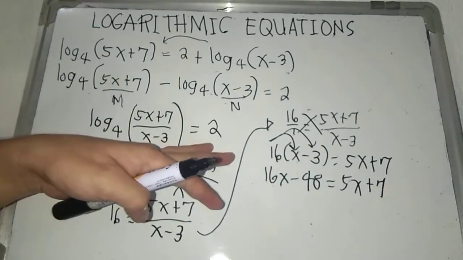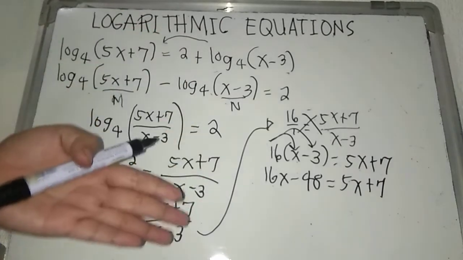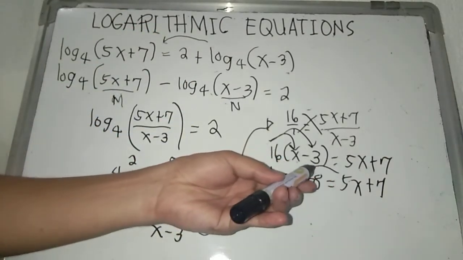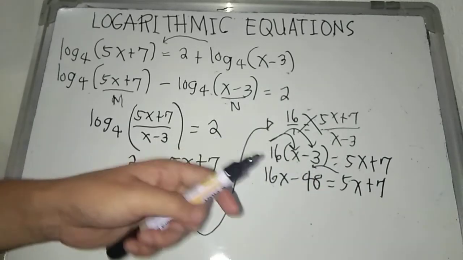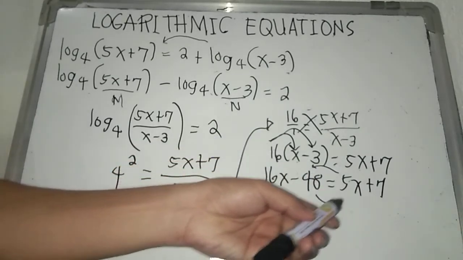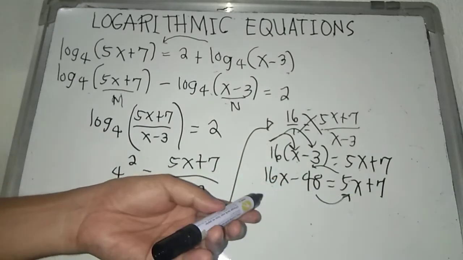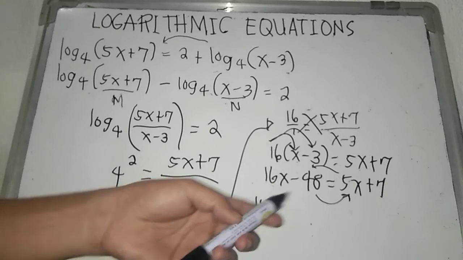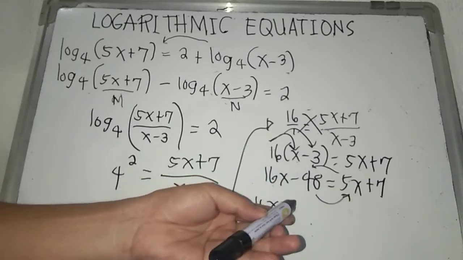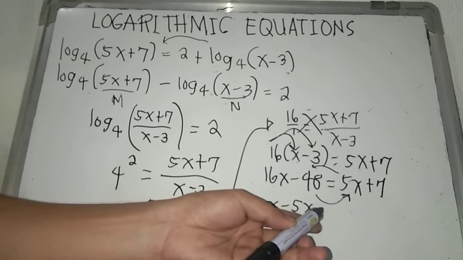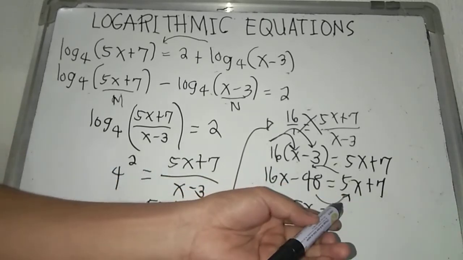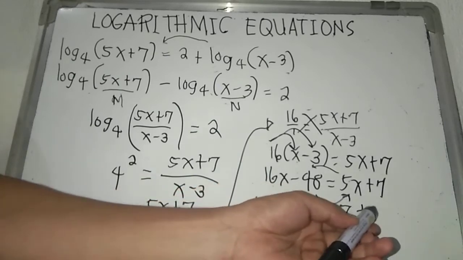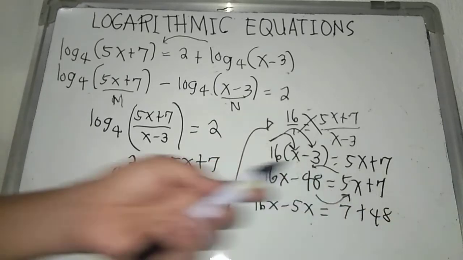At this point, we are going to simplify. So collecting similar terms, we are going to transpose 5x to the left and negative 48 to the right. So 16x, copy, and then from positive 5x it will become negative 5x, equals copy 7, and then from negative 48 it will become positive 48.